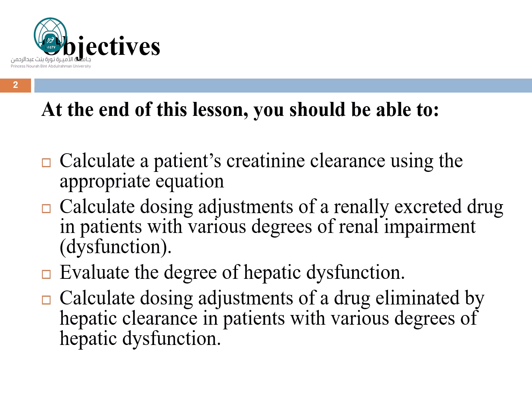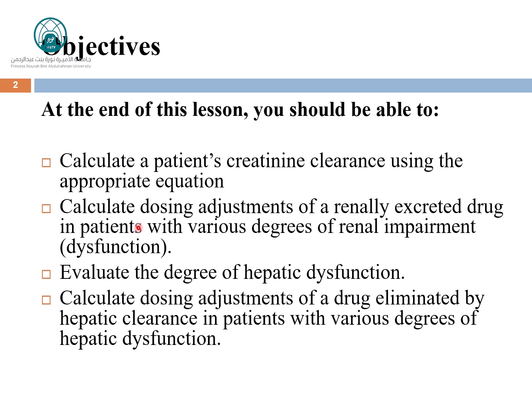So our objectives of this lecture will be that at the end of this lesson you should be able to calculate the patient creatinine clearance using appropriate equations. You should be able to calculate the dosing adjustments for renally excreted drugs in patients with various degrees of renal impairment or dysfunctionality, as well as evaluate the degree of hepatic dysfunction.